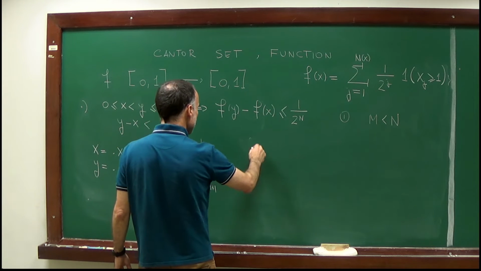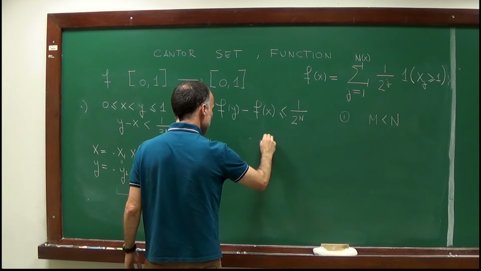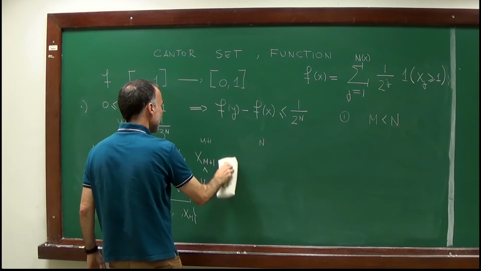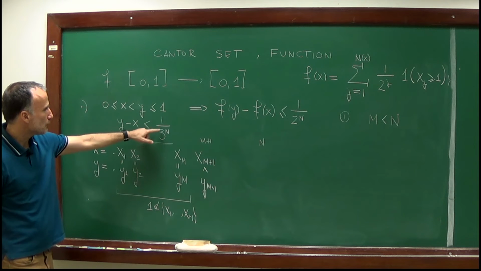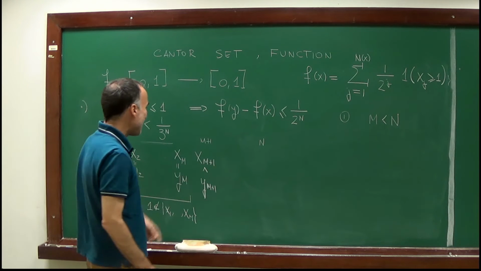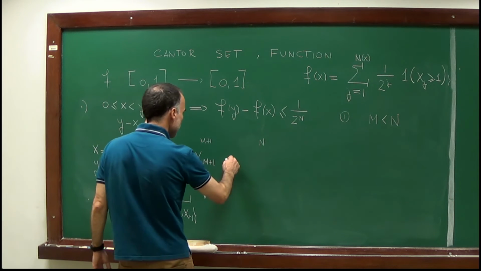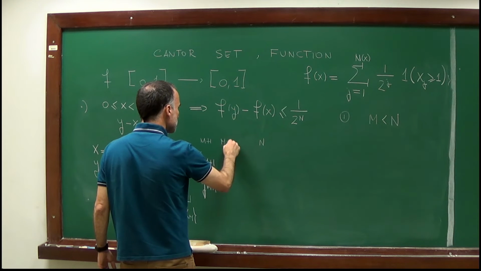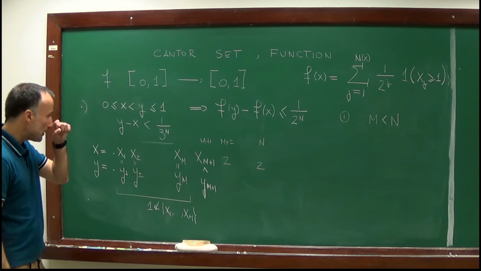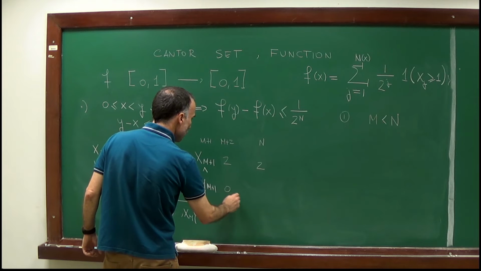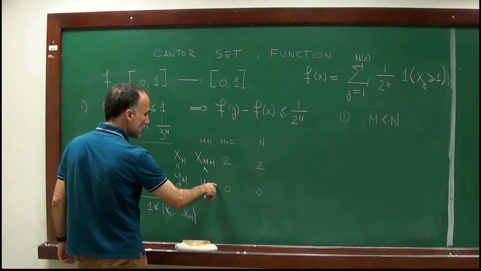Well, so this is position m plus 1, this is position n, and what I claim is that if the difference between y and x is smaller than 1 over 3^n, and x_{m+1} is smaller than y_{m+1}, I have at the positions m plus 2 up to the position n only 2's for x and only 0's for y, and x_{m+1} is equal to y_{m+1} minus 1.